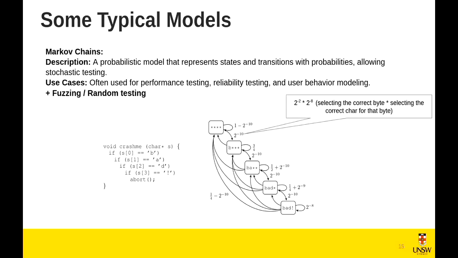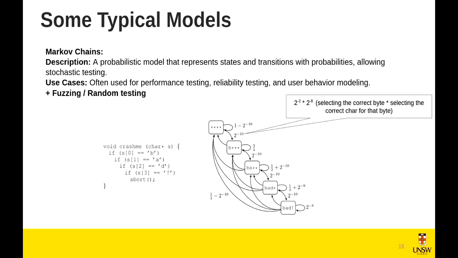Once we have selected the correct byte, we have to make it the correct letter. Because 1 byte has 8 bits, and each bit could be either 1 or 0, we have 2 to the power of 8 choices. If we want to make it correct, we have the chance of 1 over 2 to the power of 8, and that is 2 to the power of minus 8.